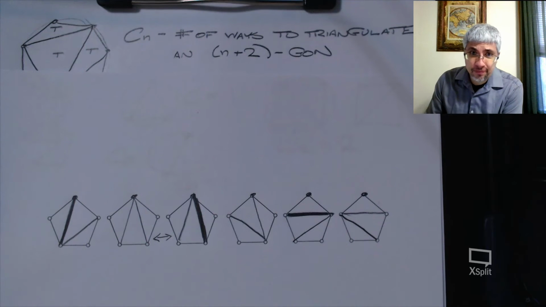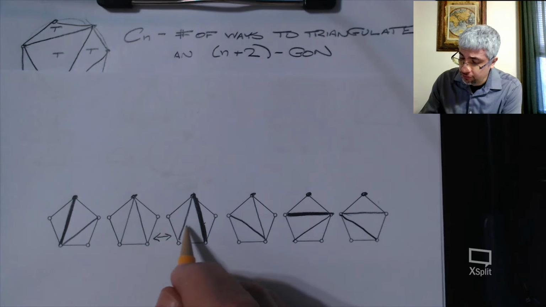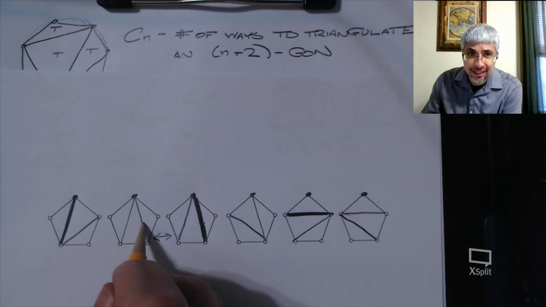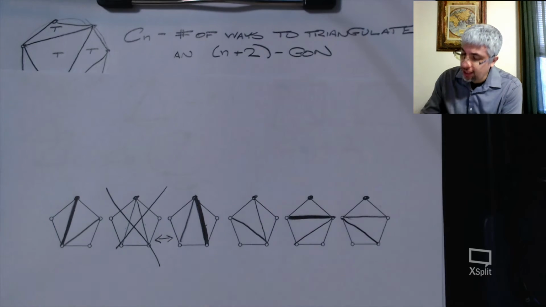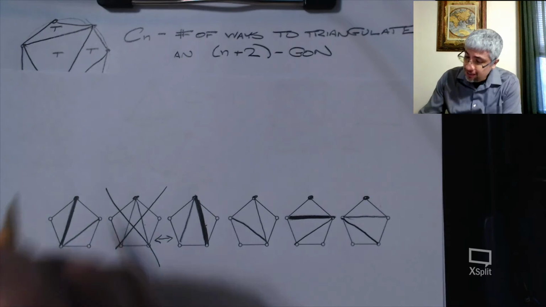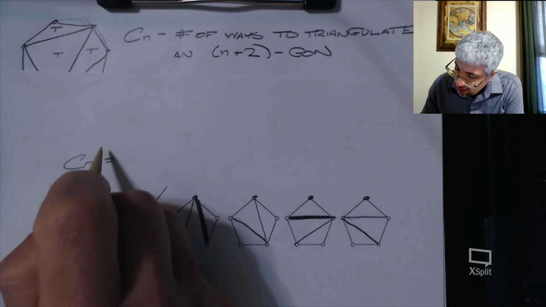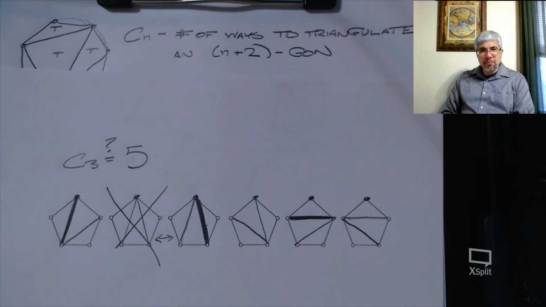What about these 2? See, it doesn't matter which line I draw first. I can draw this line first and then this, or this line first and then this. When I do this kind of computation, I'm taking into account the order that I'm placing the lines, and I don't want to do that. So what I'd have to do is get rid of one. And then I'm hoping maybe that C3 is 5. Maybe.